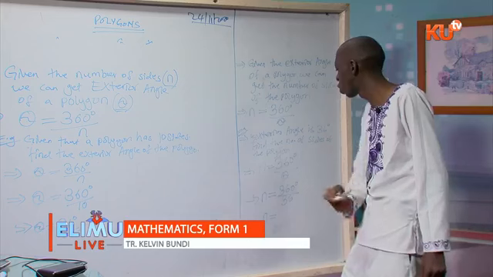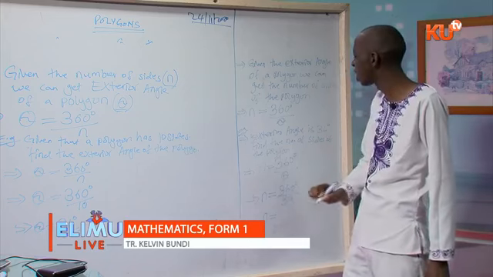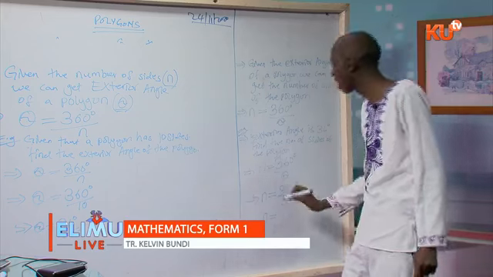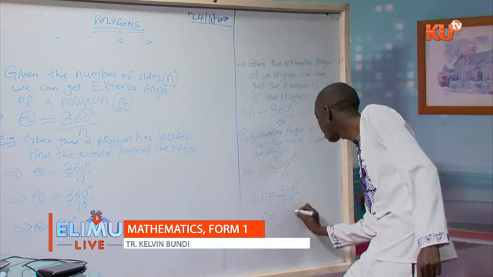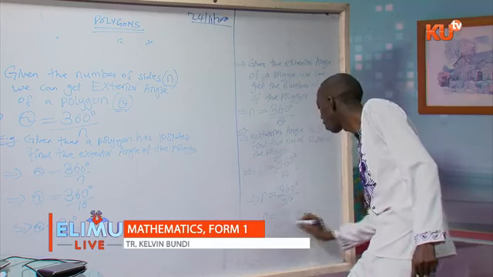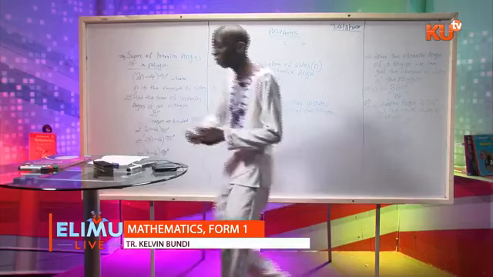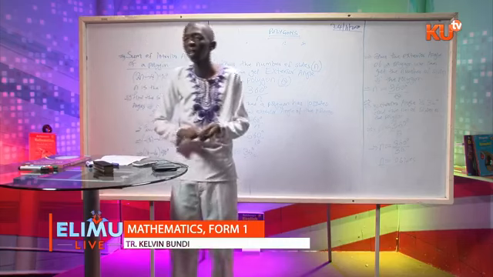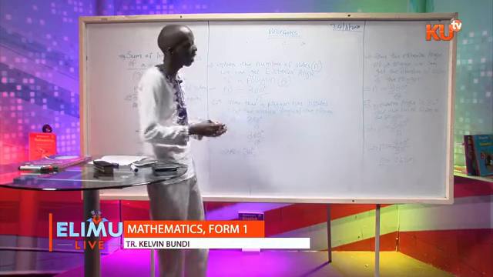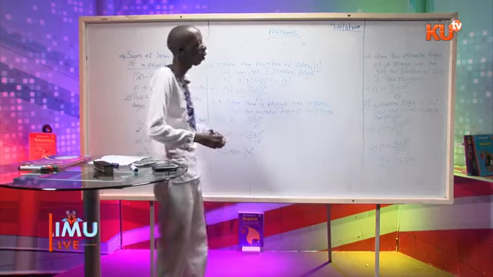Therefore, n is equal to 360 degrees divided by 36. You will get 10 sides. So that is an important formula.